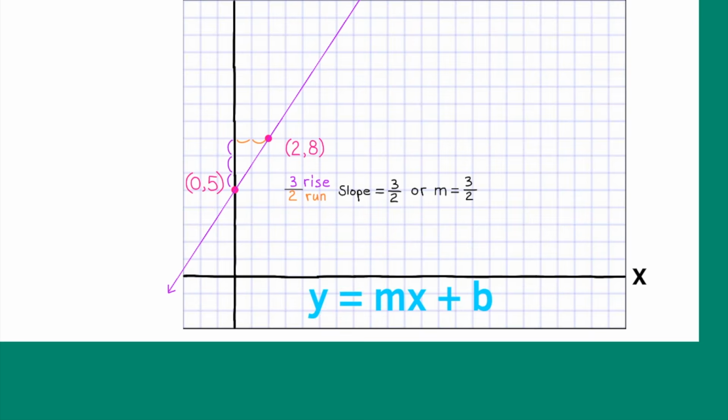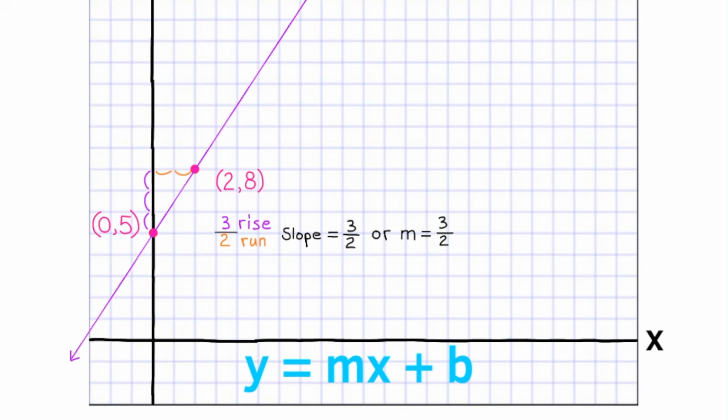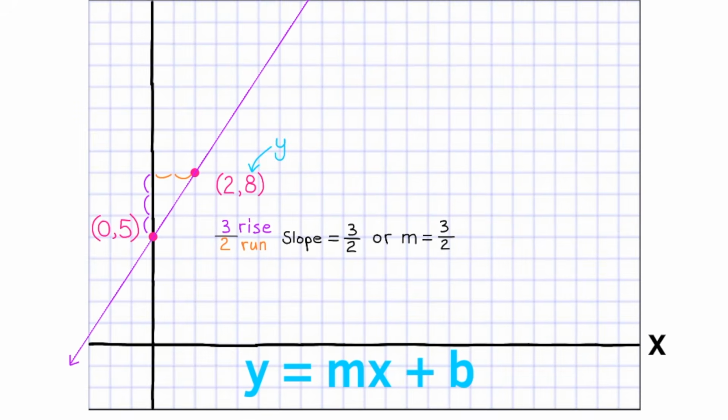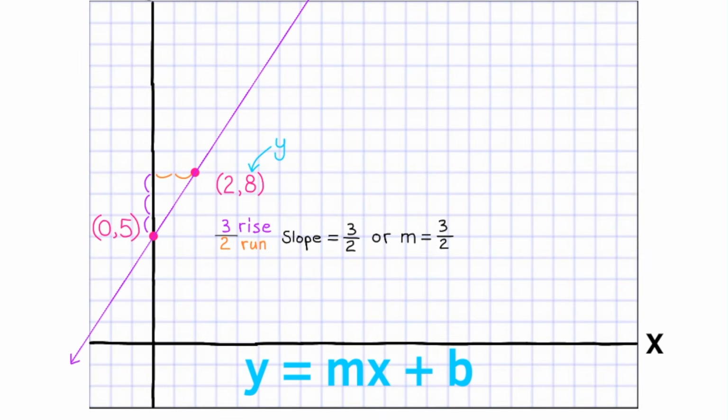I'll use the equation y equals mx plus b to help us determine if the points of these coordinates fall on the line. First, let's use these coordinates that are already on the line, 2 and 8. In this set of coordinates, the y equals 8. So the y in the equation also equals 8.